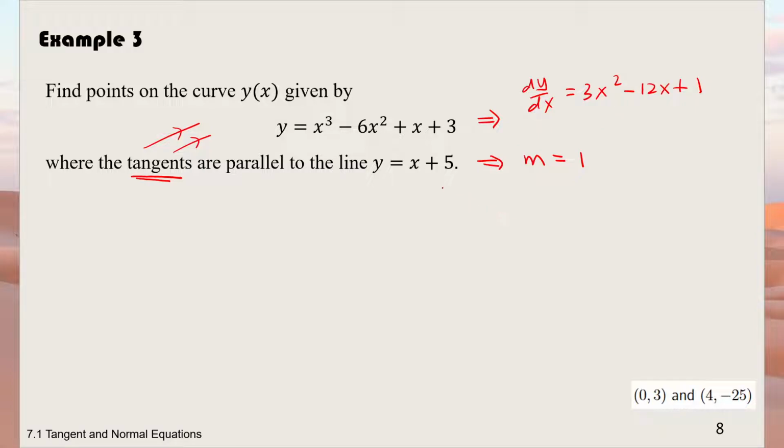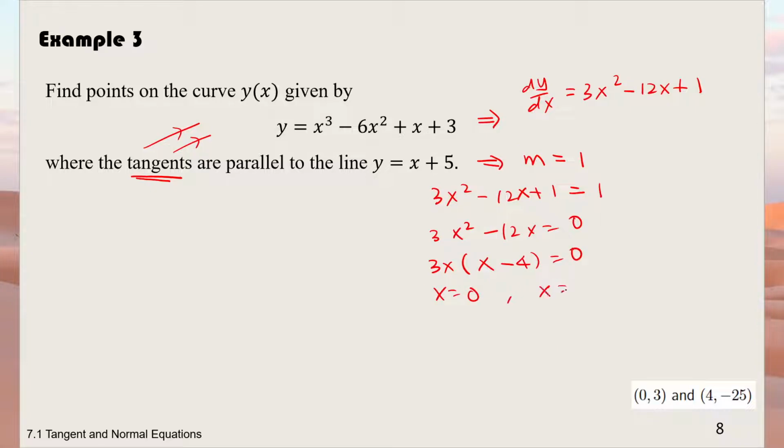So my 3x squared minus 12x plus 1 must equal 1, because these two must have the same value. So this one is 3x squared minus 12x equals 0, 3x times x minus 4 equals 0. My x equals 0 or my x equals 4.